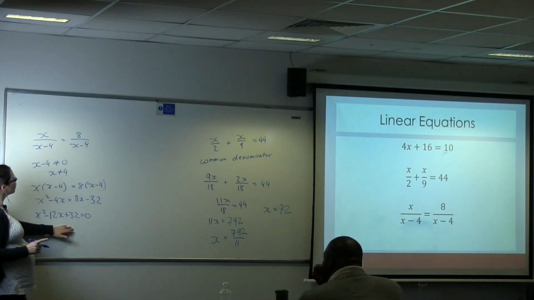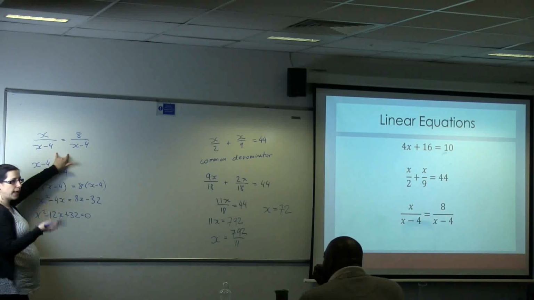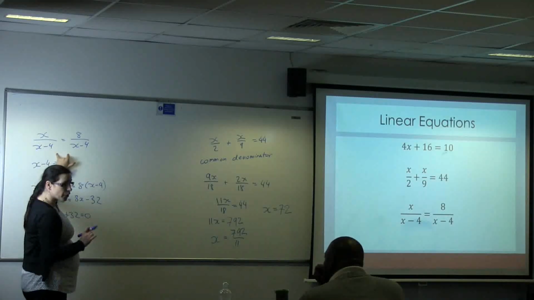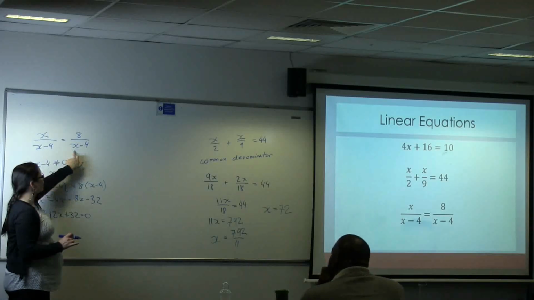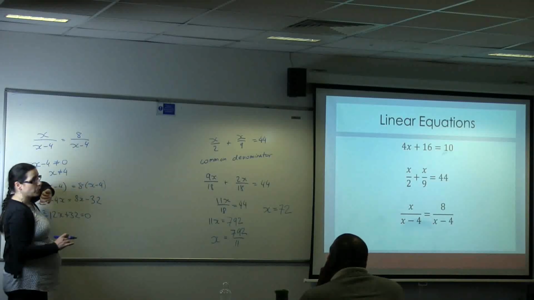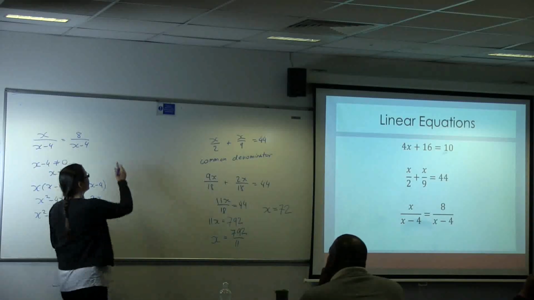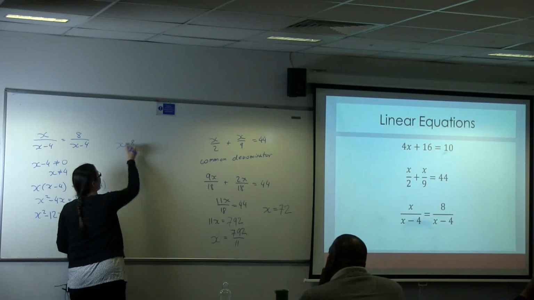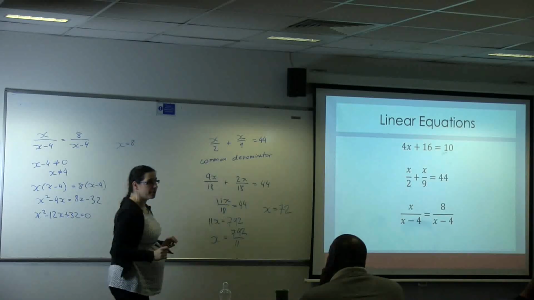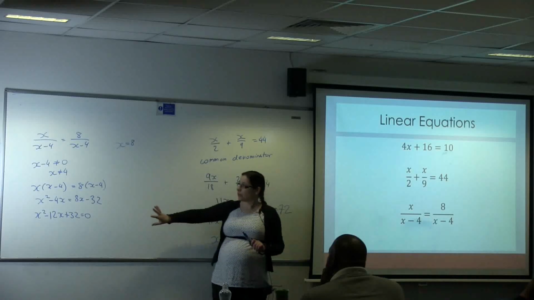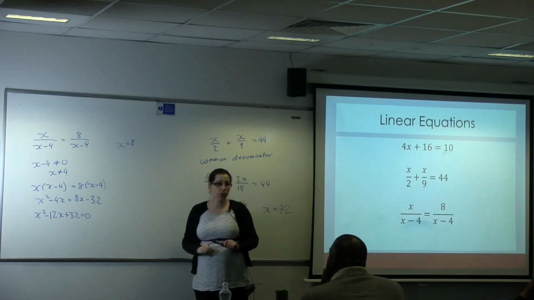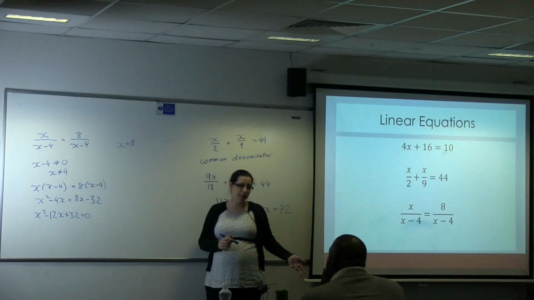But I can do away with all that, just observing that two fractions are only equal when the denominators are equal, the numerators have to be equal too. So I can just look at it and say, okay, well, x has to be equal to 8 then. I'll show you how to solve quadratics in a couple of slides.